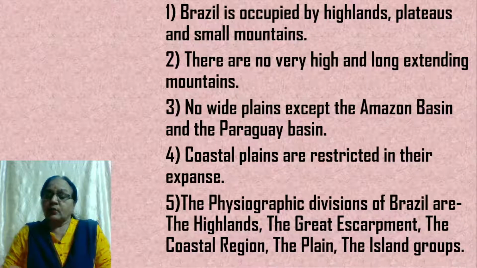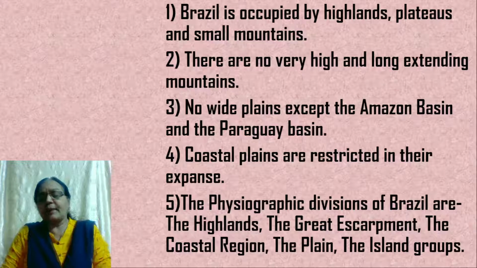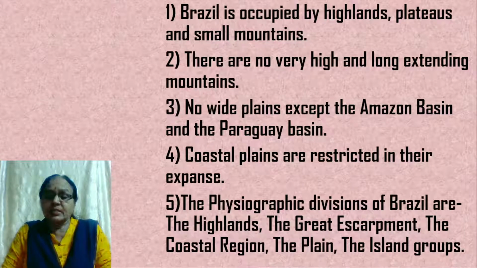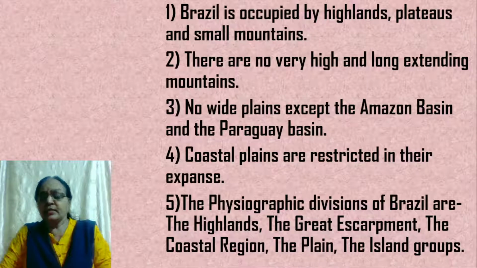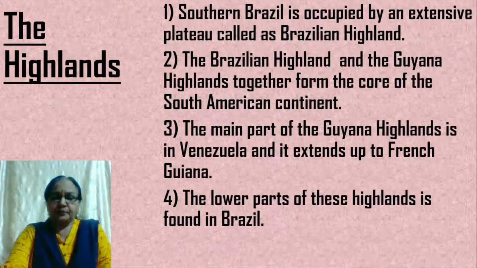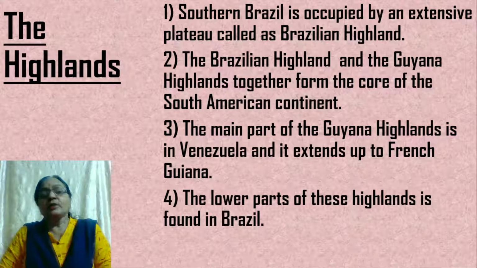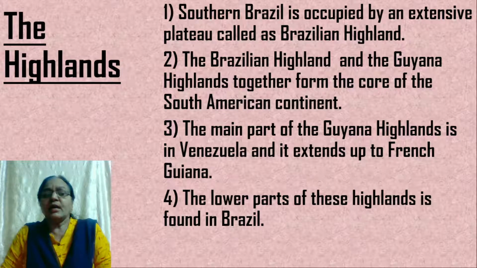The physiographic divisions of Brazil can be broadly divided into the highlands, the Great Escarpment, the coastal region, the plains, and the island groups. Come to the highlands. Southern Brazil is occupied by a very extensive plateau, and this is known as the Brazilian highland.